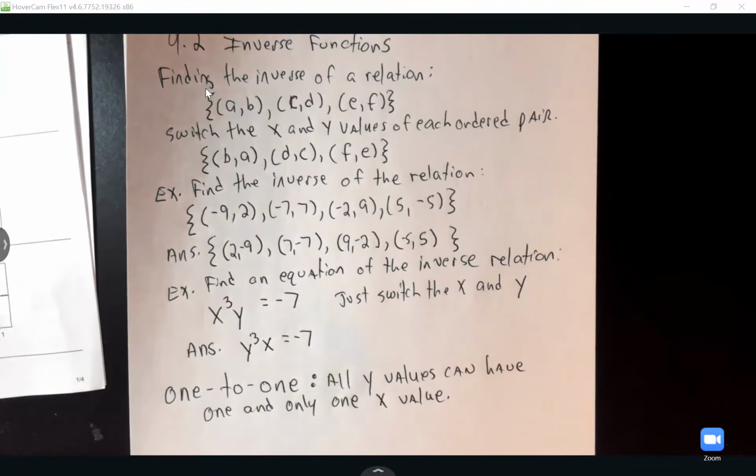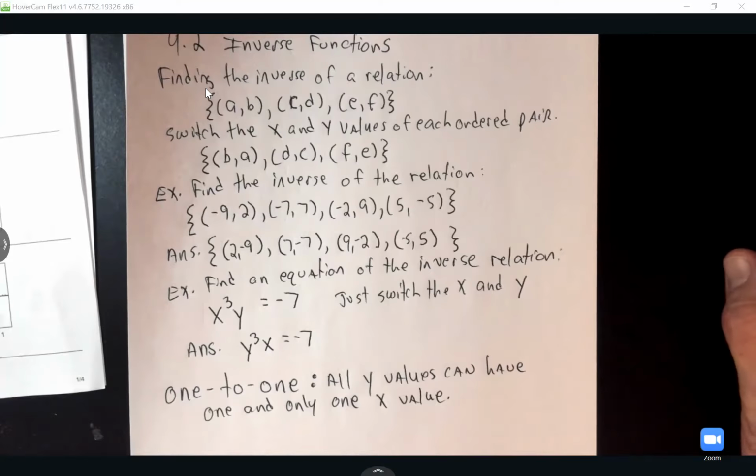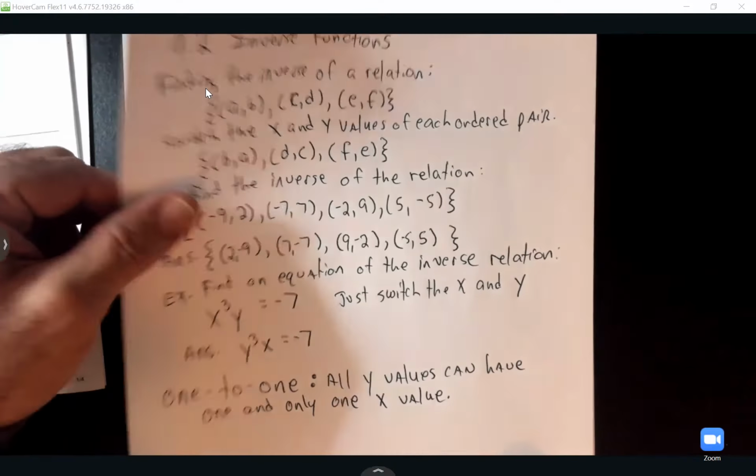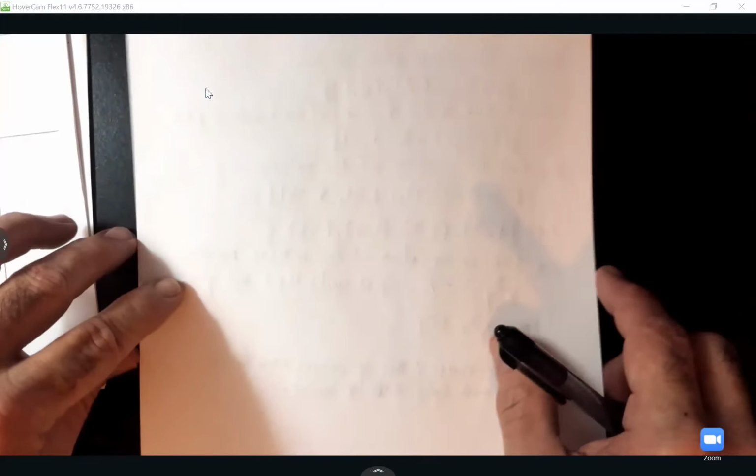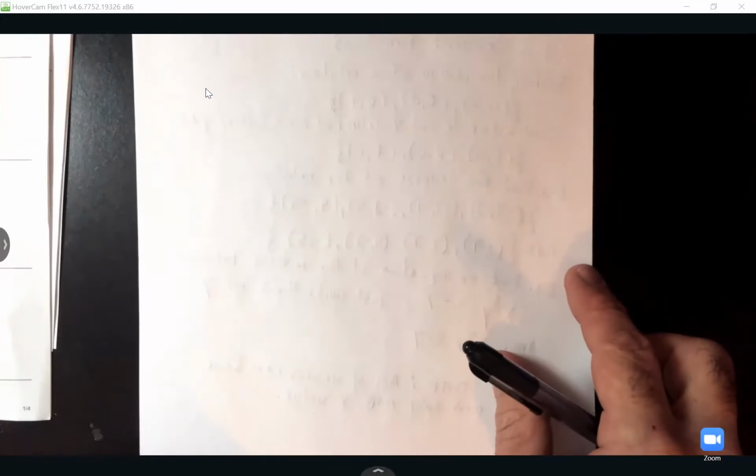Now, for us to find x values, we're going to use what we call the horizontal line test. So I'm going to turn this over and discuss the horizontal line test.